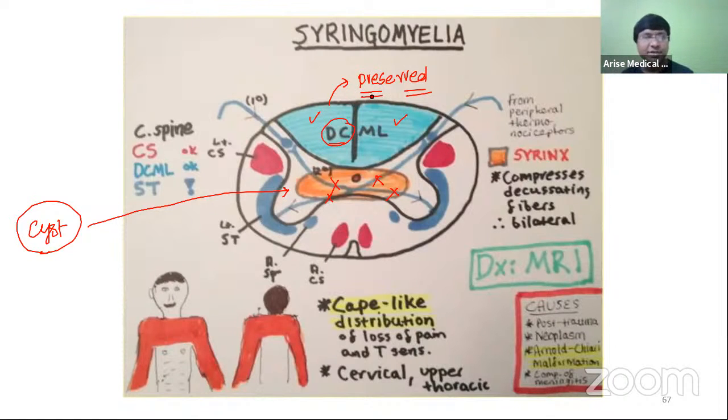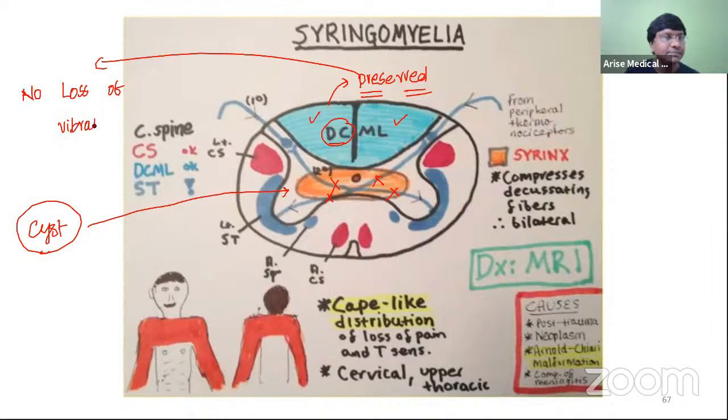So when the posterior columns or dorsal columns are preserved, there is no loss of vibratory sense. There is no loss of fine touch.